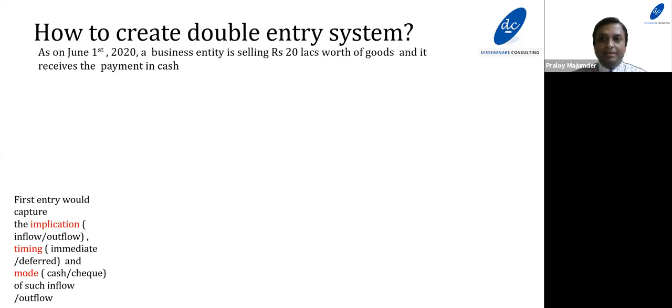As we have seen by applying common sense, this is a financial transaction where the implication is an inflow, the timing is immediate, and the mode in which we are receiving is cash. So now we are in a position to convert this financial transaction into an accounting entry.